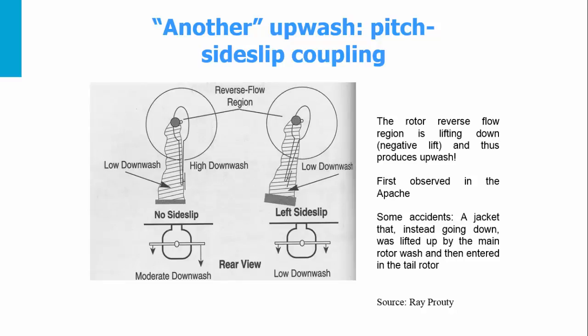This phenomenon was first observed in the Apache, and that produced some accidents. For example, a jacket which, instead of going down, was lifted up by the main rotor, and then it entered into the tail rotor. This ends the definition and the problems introduced by the upwash in forward flight.